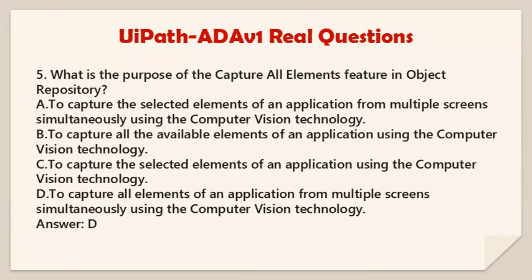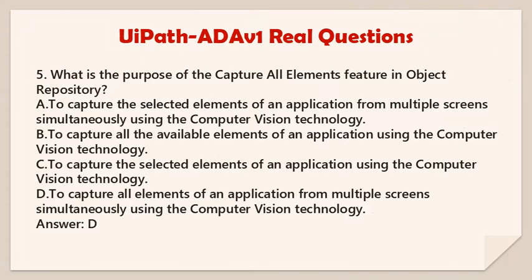5. What is the purpose of the Capture All Elements feature in Object Repository? A. To capture the selected elements of an application from multiple screens simultaneously using the computer vision technology. B. To capture all the available elements of an application using the computer vision technology.